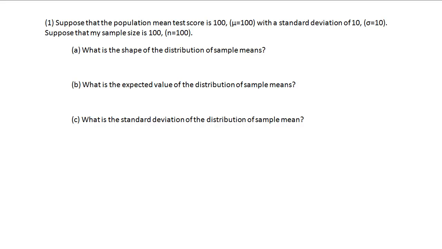Suppose that the population mean test score is 100, mu equals 100, with a standard deviation of 10, sigma equals 10, and suppose that my sample size is 100. What is the shape of the distribution of sample means?